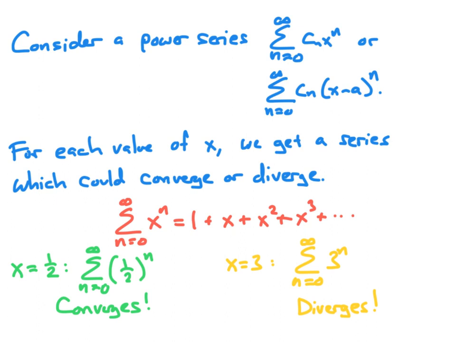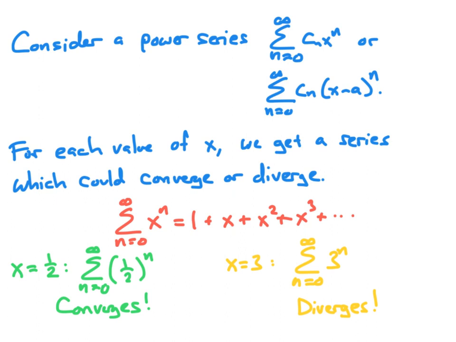And we know simply by looking at the ratio of the geometric series whether it will converge or diverge. And so if we substitute in 1/2 for x, as in the example on the left, we'll get the sum n equals 0 to infinity of (1/2) to the n. And that is a geometric series with ratio 1/2. And we know when the ratio is 1/2, that the geometric series will converge.